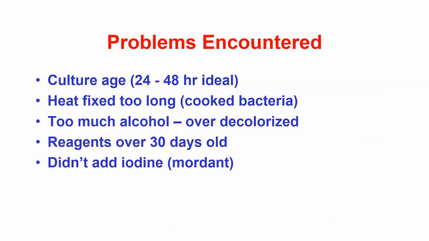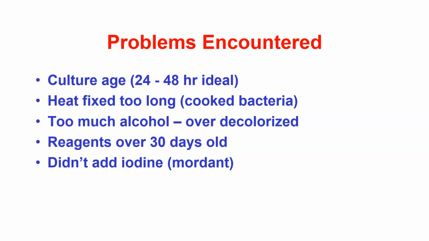If we have any problems with this, and this is one of those things that sometimes happen, we want to deal with a culture that ideally is between 24 and 48 hours. Sometimes that's a little bit difficult because sometimes the culture is a little older, and if you do that, you may not get a good result. If you heat fix it for too long, you will actually cook the bacteria, and that's going to leave them come out as a gram negative.